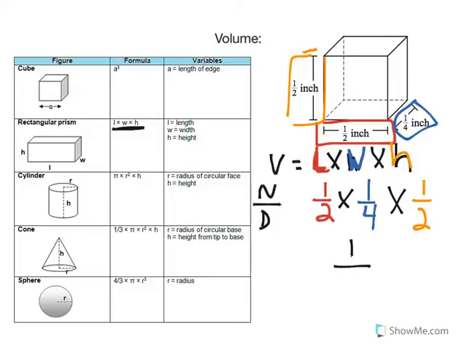And then we do the denominators across, so that's 2 times 4, which is 8, and then 8 times 2 is 16, okay? So this is our answer. And for volume, the units are inches cubed.